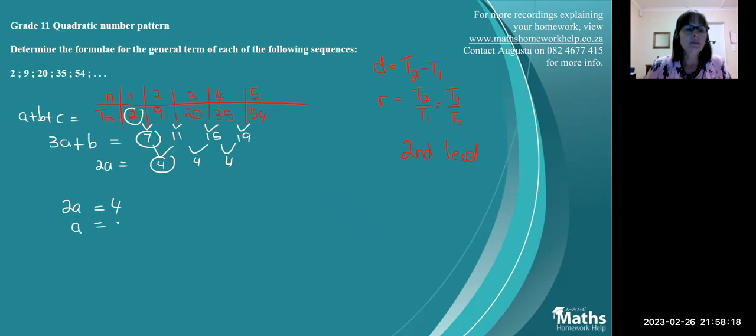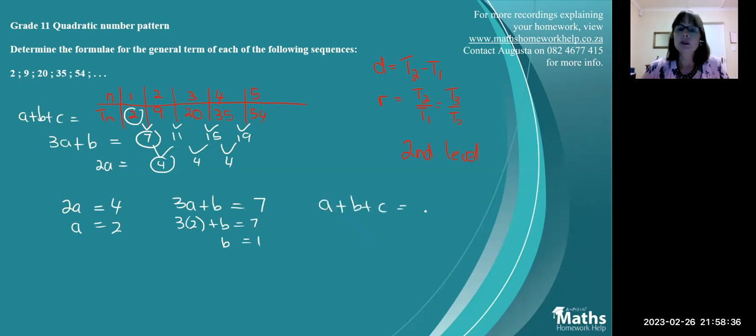2a equals 4, so a is equal to 2. Then I take the second one, 3a plus b equals the first difference, and I sub in that. So then you'll get b is equal to 1. And the last one would be a plus b plus c, which is equal to the first term. Sub in again, b is 1, and then your c value will be equal to negative 1.